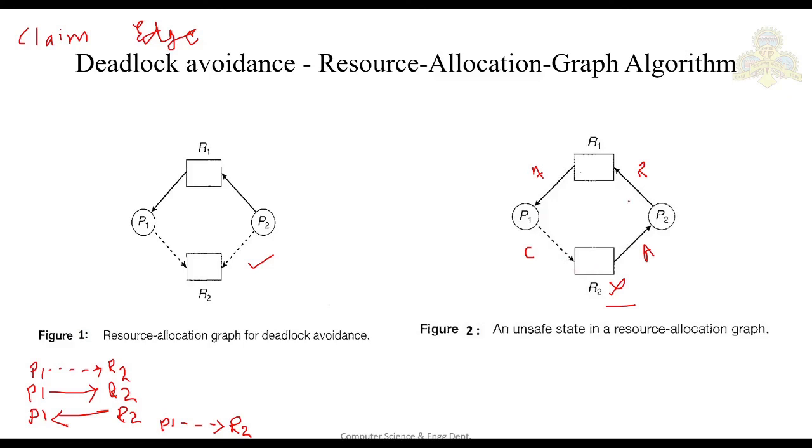If that is done, what will happen? If this is converted into a request edge and R2 has been allocated to P2, then there exists a cycle that might cause the deadlock. For that case, your operating system waits for some time, it gains more resources, and then it processes the request. Okay, so this is about your resource allocation graph algorithm.